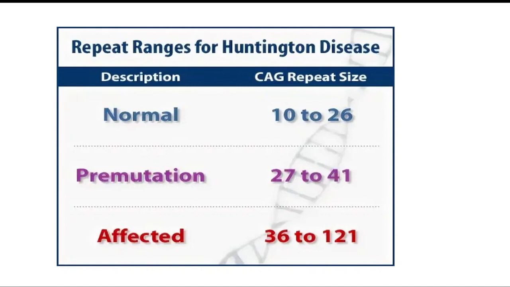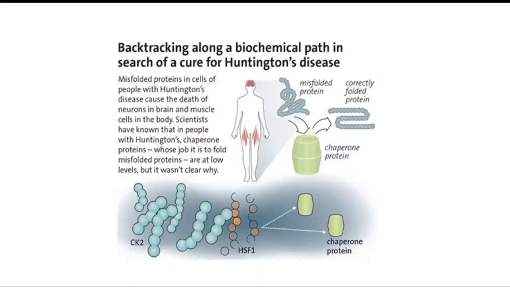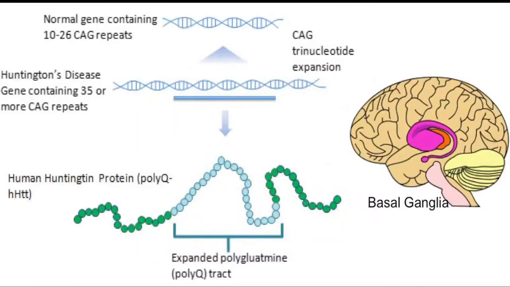So the reason is the increasing of CAG repeats from 36 till 121. As a result of this mutation, the polyglutamine number increases in the human Huntington protein.